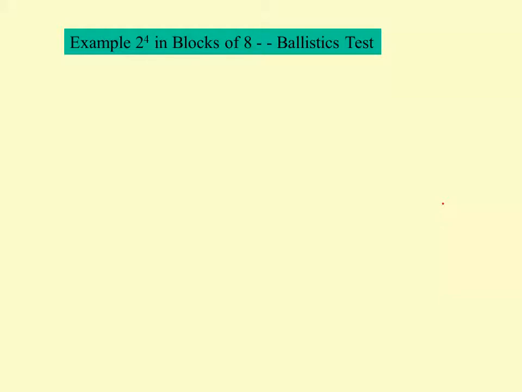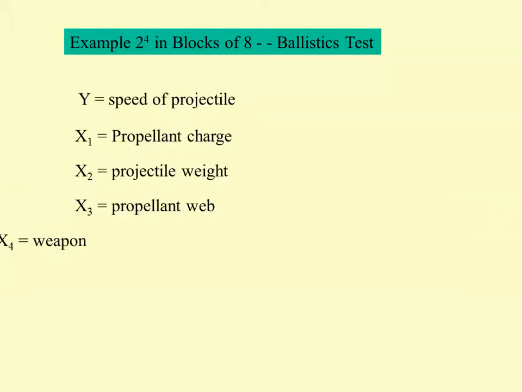We have an example. We're doing this ballistics test, and this isn't in your notes, but I have it here. We have 3 factors, and we're shooting stuff off, and we're measuring the speed of the projectile. So those are our 4 factors, and let's see if we can't run all 16 experiments on one day.